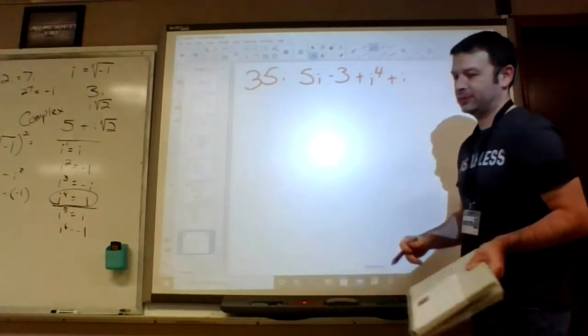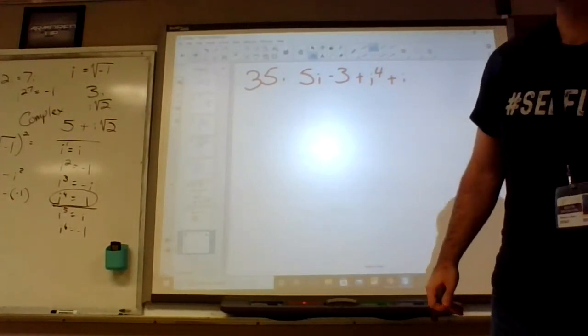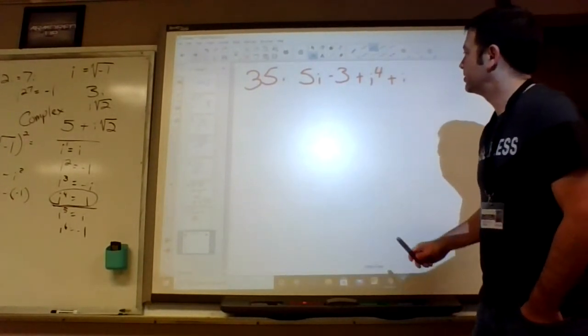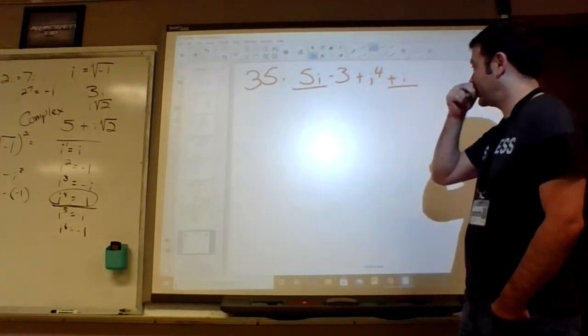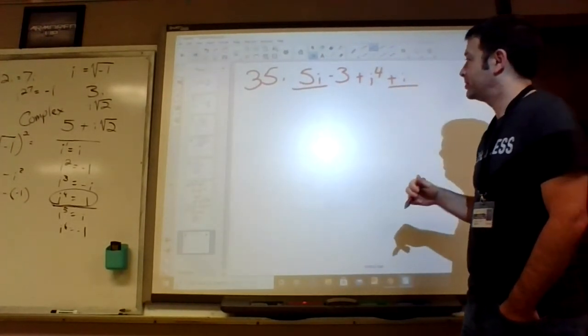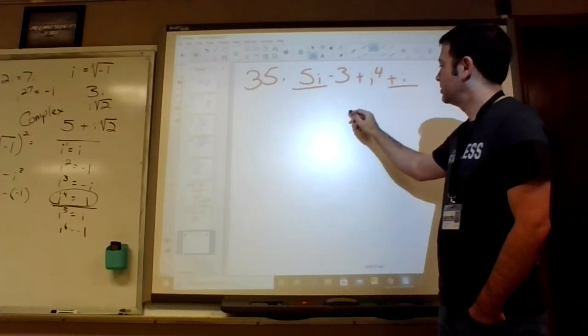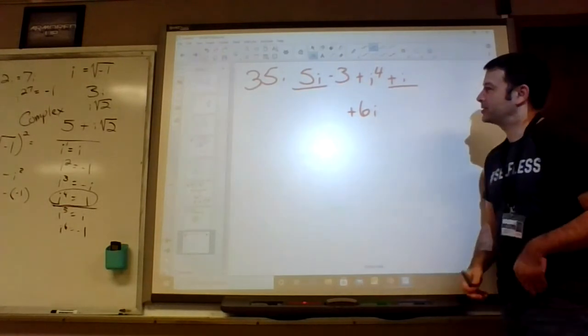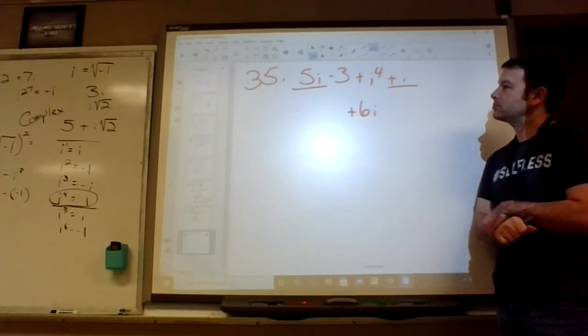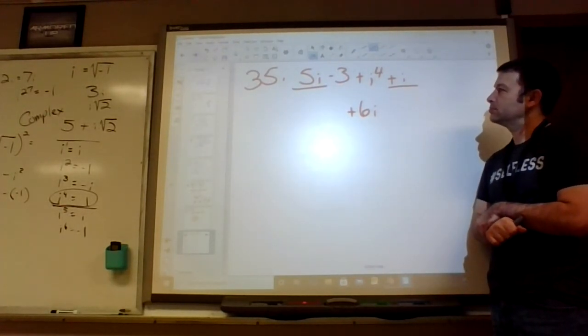Alright, what can we do? Put the i's together. So I see a 5i and a plus 1i, which would be what? 6i. So I'll put that at the end, plus 6i. What else can we do? You can make the i to the fourth a 1.